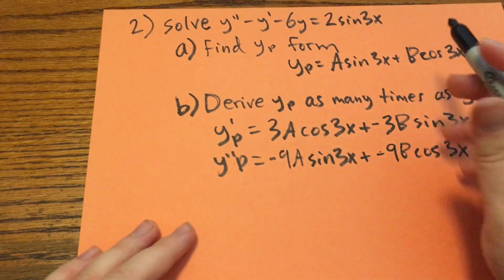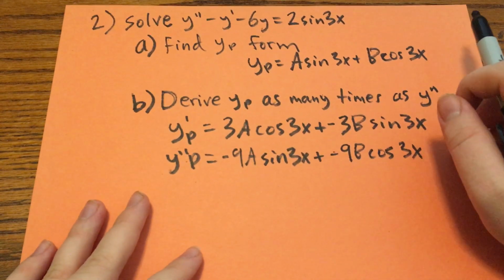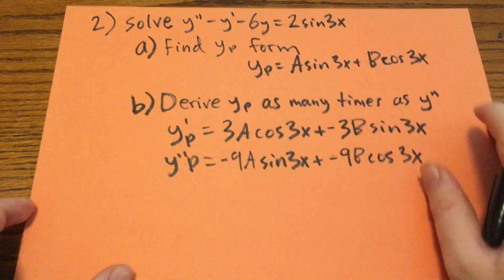Okay, now this is a very important list of equations we have. We're going to come back to it, and so I'm going to put it off to the side and move on to the last step in the process.